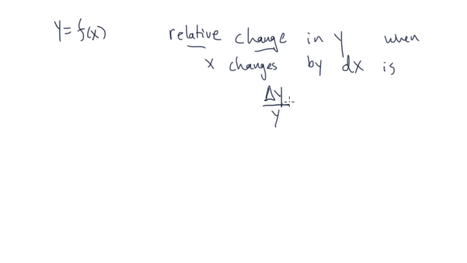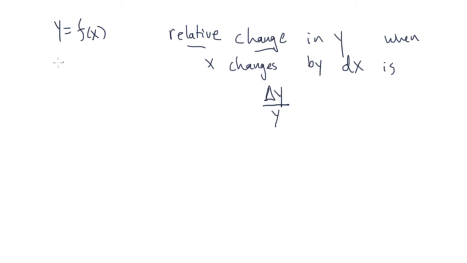You're just scaling the absolute change by your particular y value. So of course a larger y value is going to be less sensitive to a small absolute change, whereas if y is smaller, then a larger absolute change is going to make a bigger difference, so to speak.